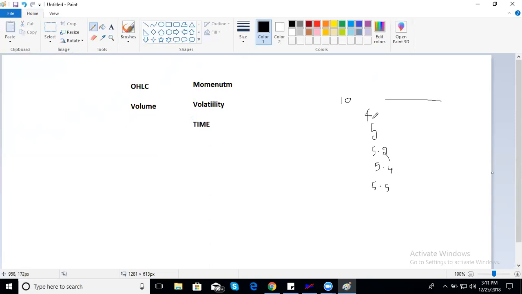Let's say I'm just taking 5 inputs. What is the average of these inputs? You need to add all those things, and let's assume that you get an average of 5.25. This is the average of the last 5 data points. This is the line I've drawn, 5.25 here.